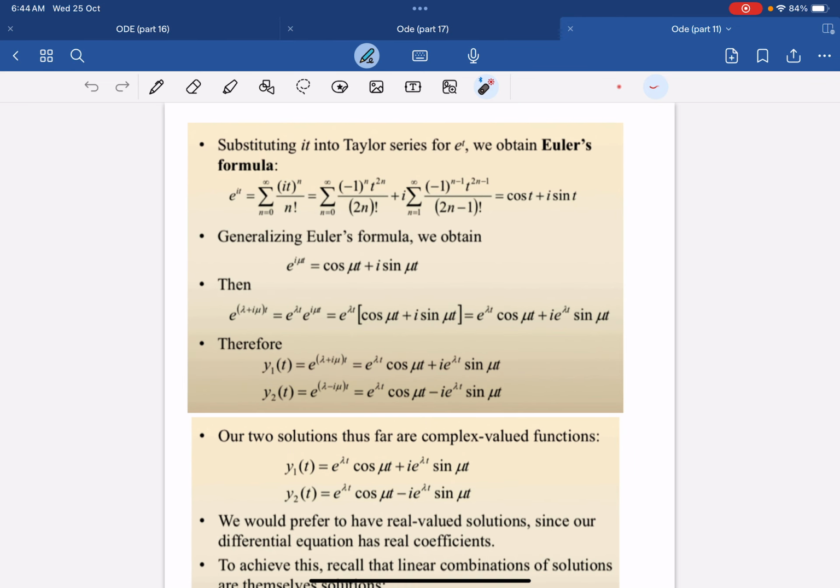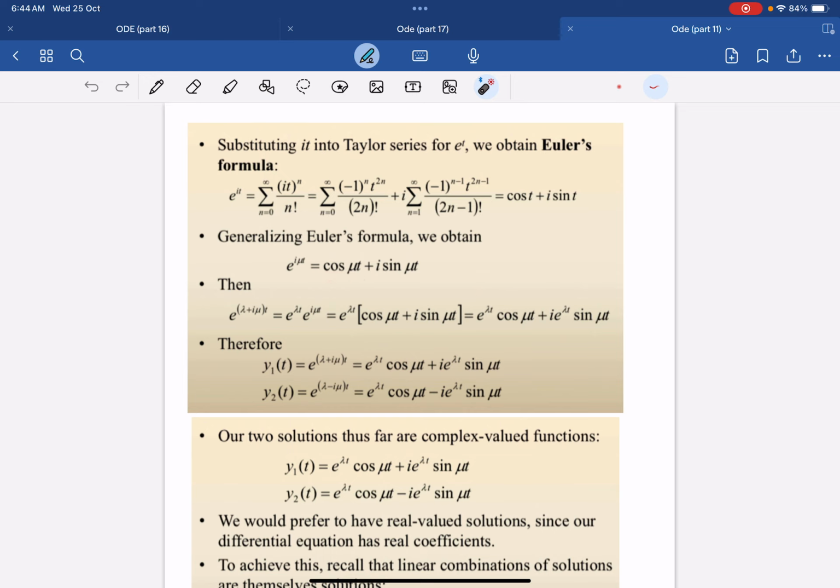Well, we know that e to the i t, if you use the Taylor series formula, will give cosine t plus i sine t. Generalizing that, e to the i mu t equals cosine mu t plus i sine mu t.